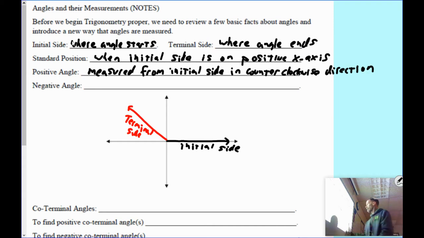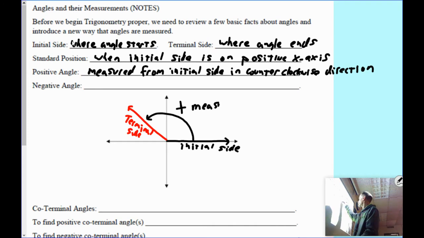Okay, so in other words, if I'm measuring this angle that I drew here in the positive direction, it's going to start here and we're going to measure it that way. And we can get a protractor or whatever. You're not going to have to do that in here, obviously, but that would be your positive measurement or positive angle.